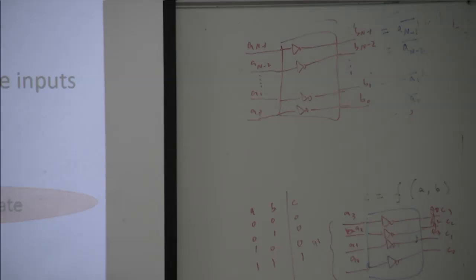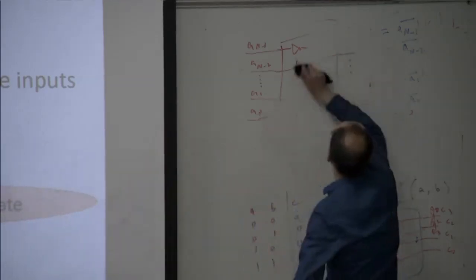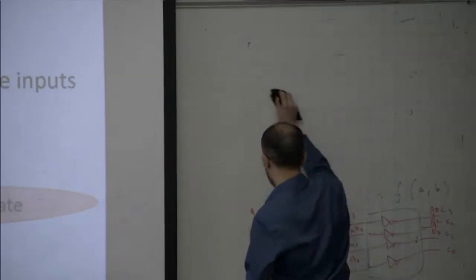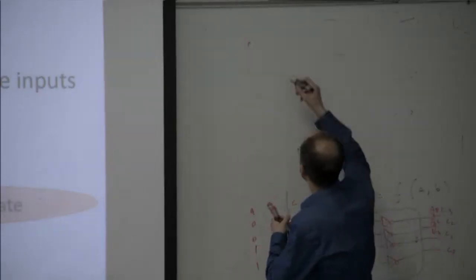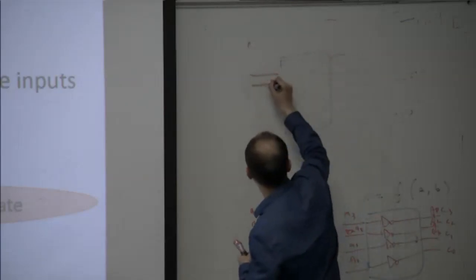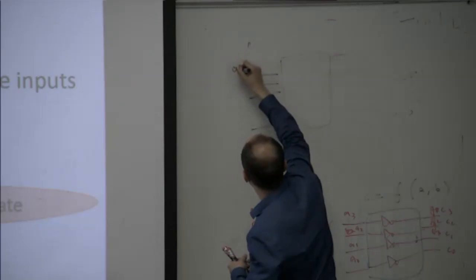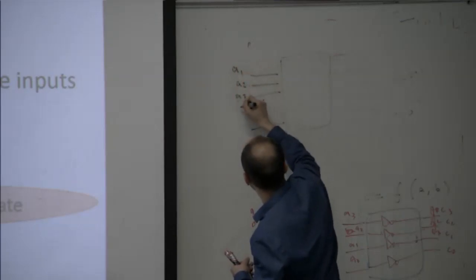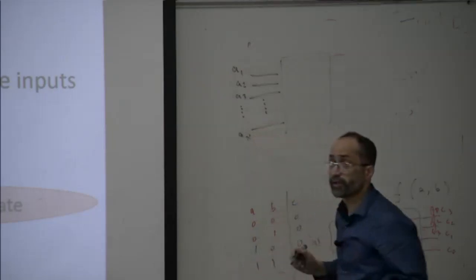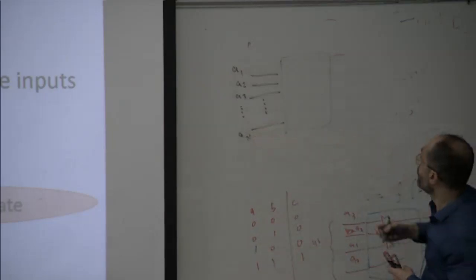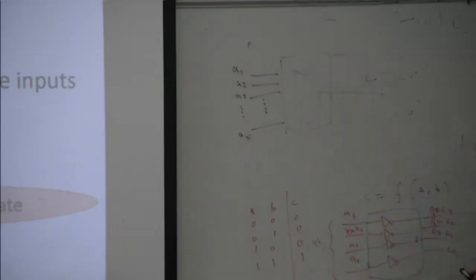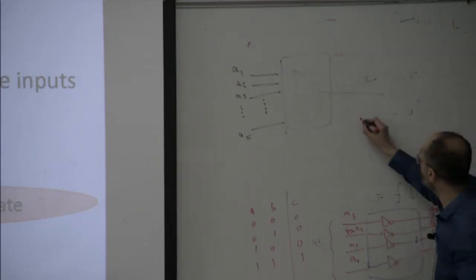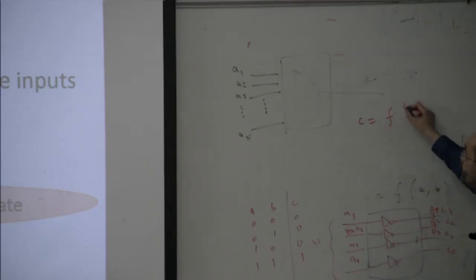Okay, so now let's assume we have another AND gate with inputs A1, A2, A3, AN. How many inputs are there? N inputs. And now we have an AND gate, and the output is C. So can we say that C is now a function of what?